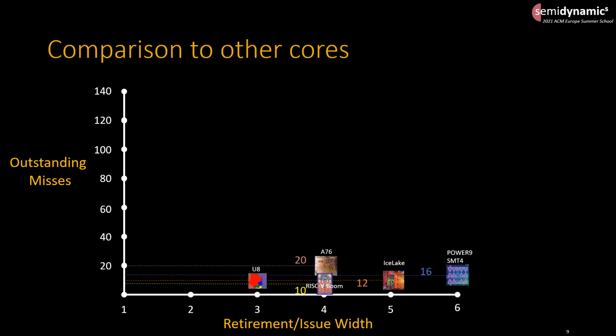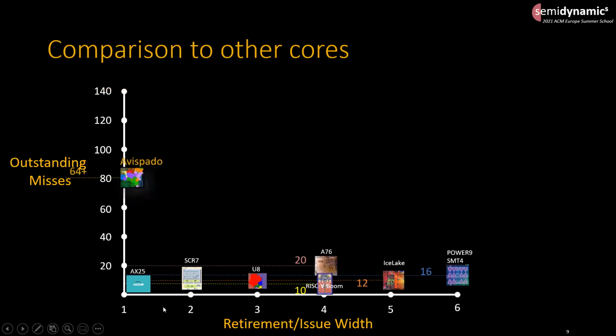We're not sure how many outstanding misses they have, but we think below 10, so we placed it as 3 wide issue and around 10. Syntacore also offers RISC-V cores, again below 10. And at the low end, we have the Andes cores, also RISC-V, doing very few outstanding misses.